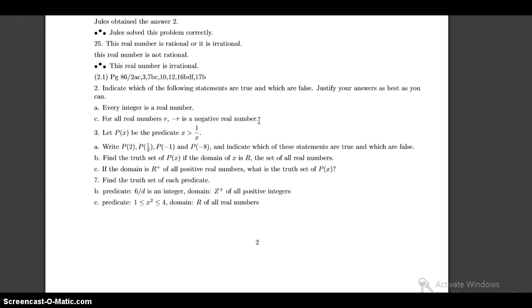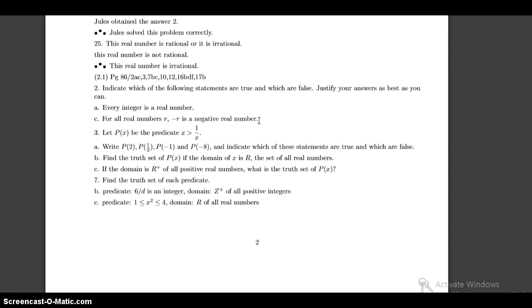If you say yes, I don't need you to prove it, but if you say no, you need to give me a real number and show me that after you put a negative sign in front of the number you picked, you won't get a negative number. Okay, so that's how you do A and C. These are just some basic questions. It's nothing new. You just use what you know in math to determine if these statements are true or false.